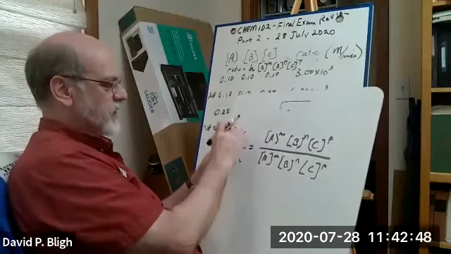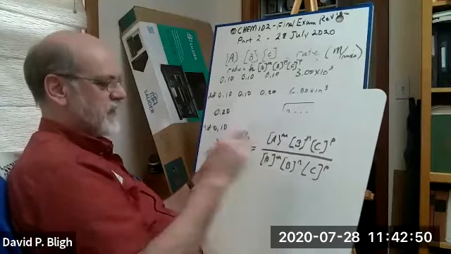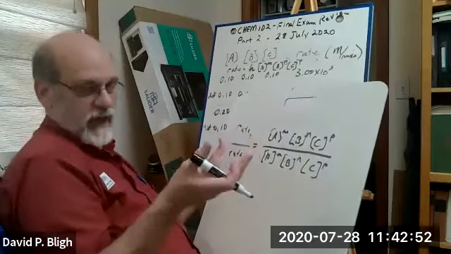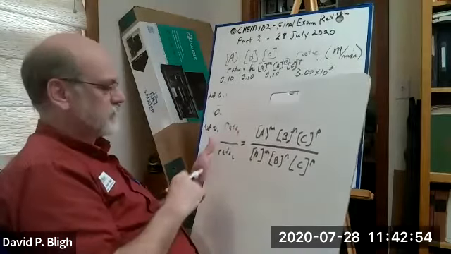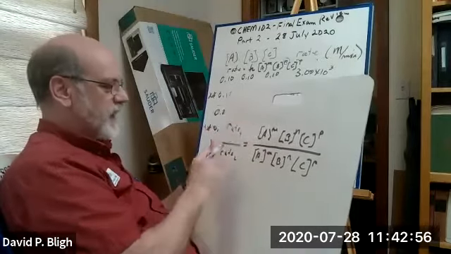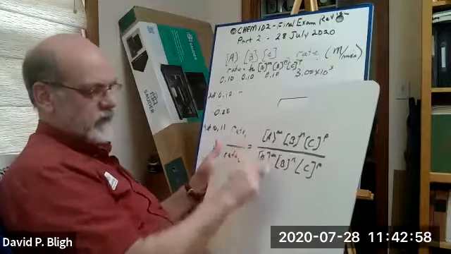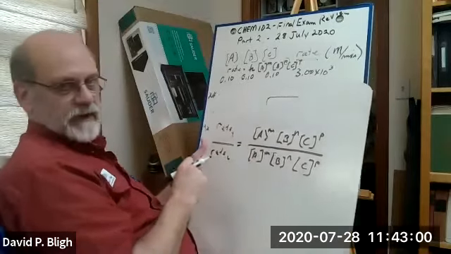So we're ratioing this rate expression to that rate expression. Right? And that's algebra. I mean, it's valid. Because this is equal to that, so if we divide these two, we have to divide those two.